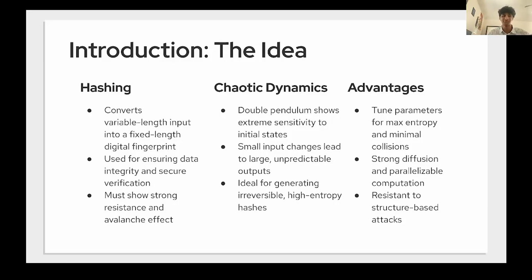The choice was a double pendulum. The advantages of this approach are we can tune the parameters for maximum entropy and minimal hash collisions. And with Wolfram, we're able to parallelize this computation, which makes it resistant to structure-based attacks.